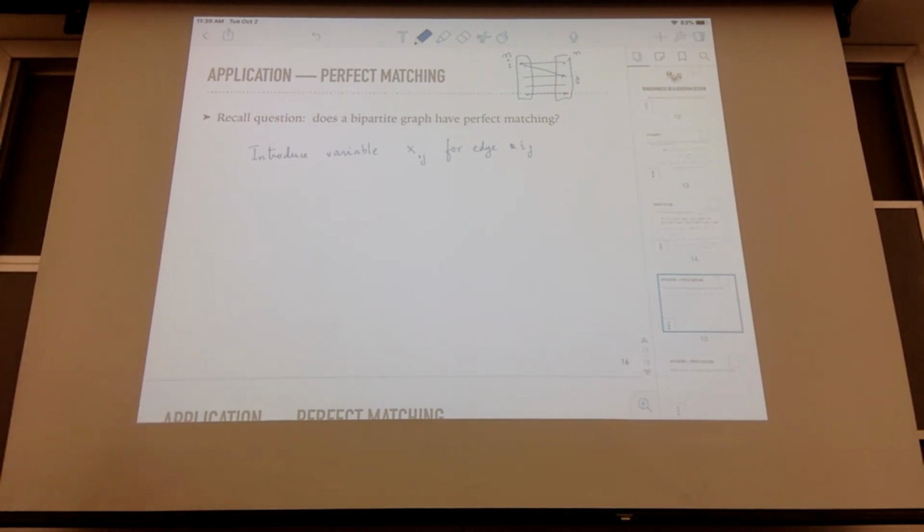Now let's construct this matrix. This is an n by n matrix, where the ijth entry equals x_ij if ij is an edge, and 0 otherwise.